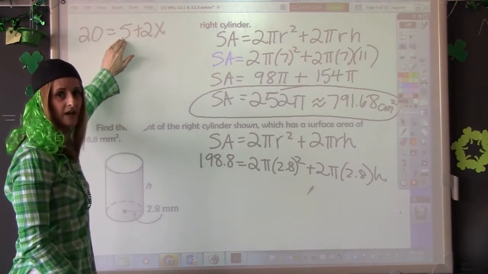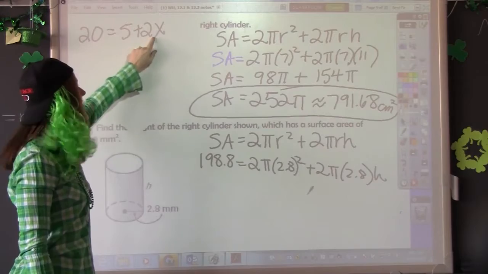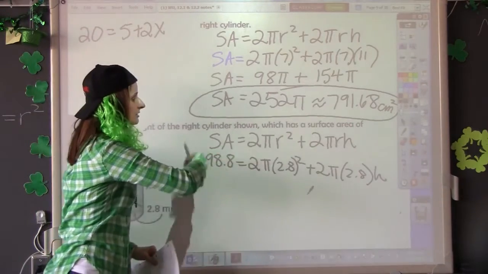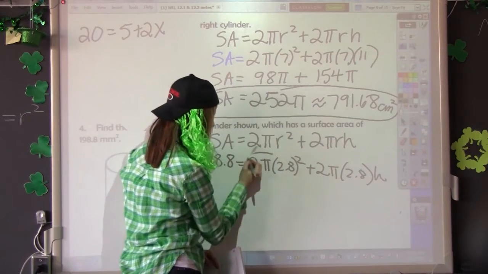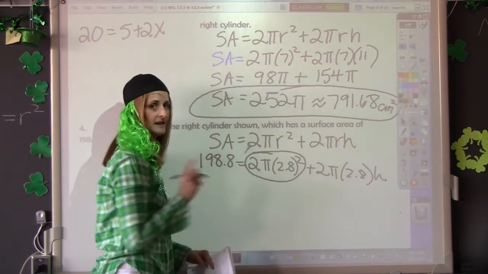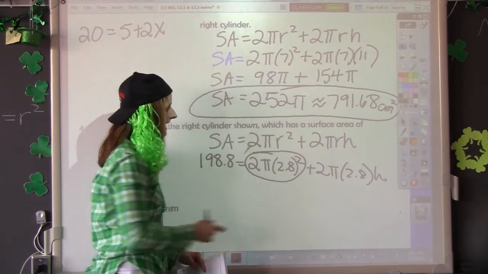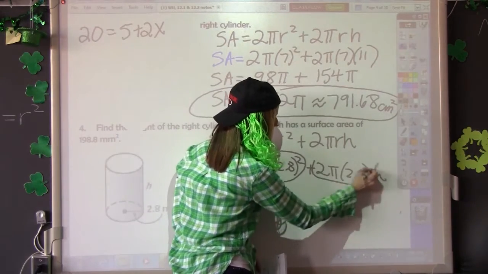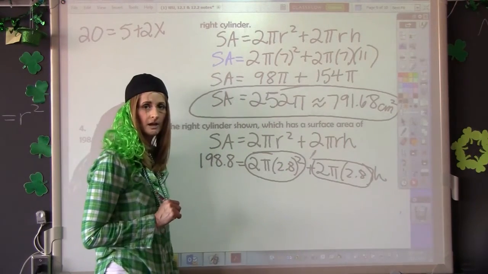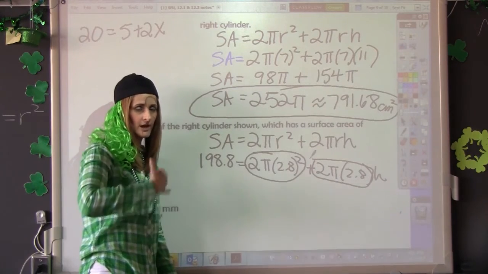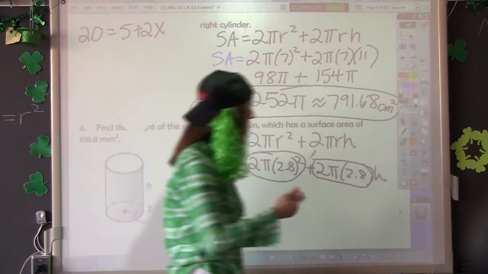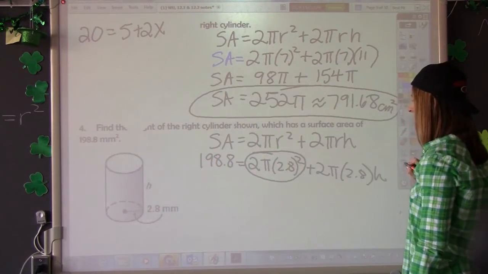You would subtract 5, and then you would divide by 2. So here, to find our unknown, our h, we're going to have to subtract that number, and then divide by that number. It's in our best interest not to round and then use a rounded answer in another calculation. So we'll try not to do that.